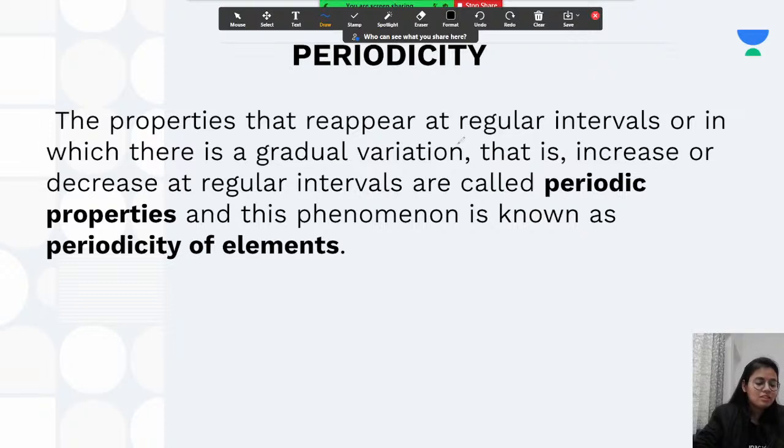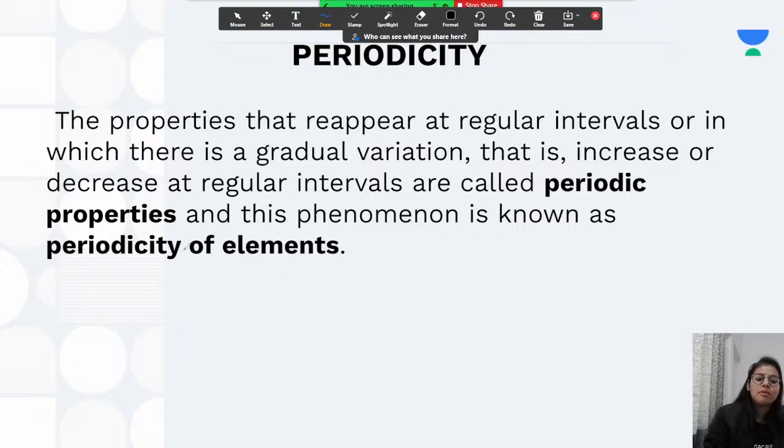The properties that appear at regular intervals, or in which there is a gradual variation, either an increase or a decrease, are defined as periodic properties, and this phenomenon is defined as periodicity of elements. Periodicity refers to all the properties appearing after a fixed interval or showing gradual variation.